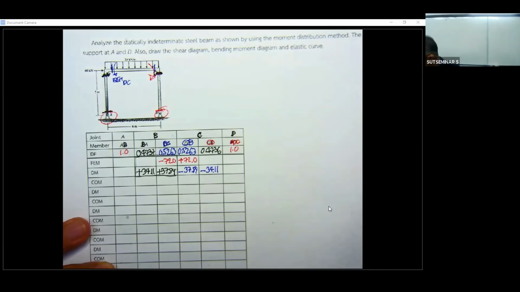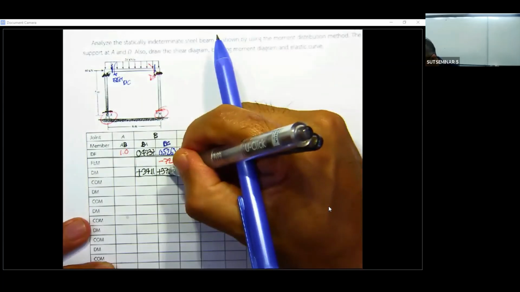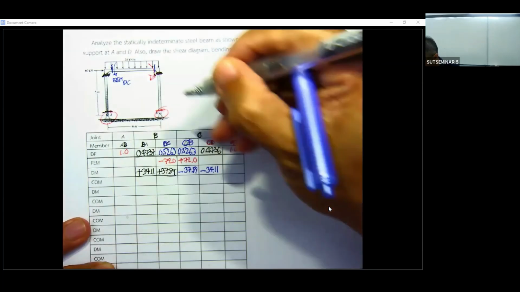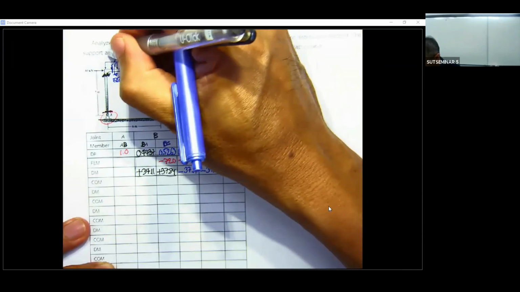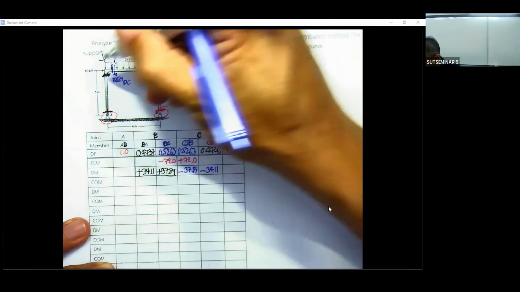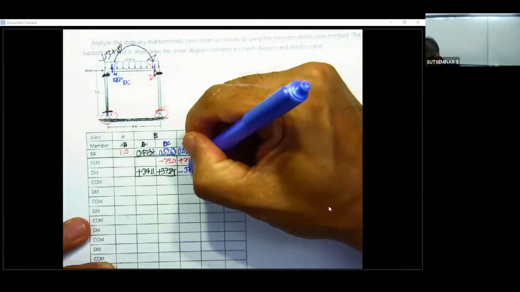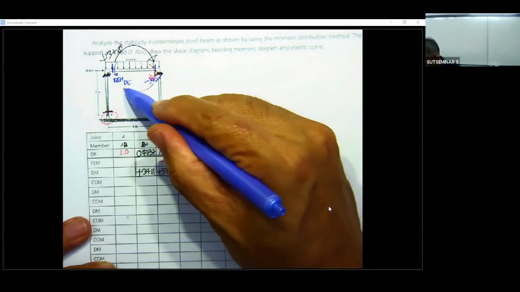this moment to be over here, 34.89. This is going to carry over here, 37.89 positive, and this one negative 37.89 is going to carry over.